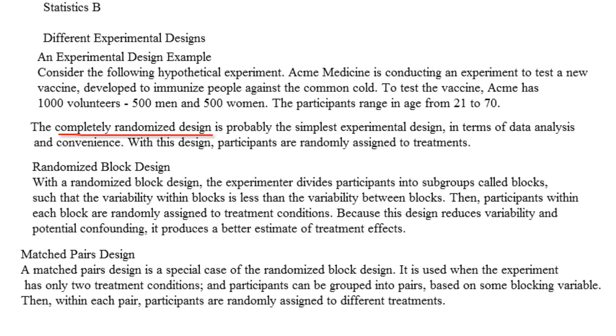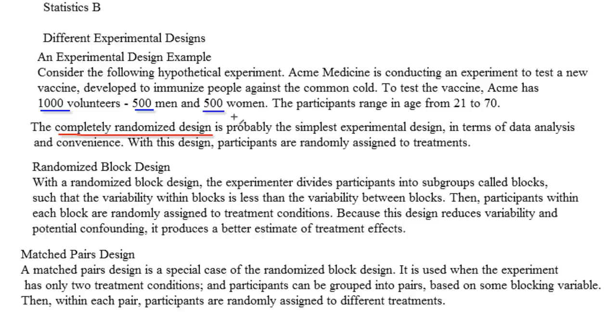So in other words, if I were to take those 1,000 people and break them up, out of the 500 men, 250 would get the placebo and 250 the actual treatment, and out of the 500 women, 250 would get the placebo and 250 the actual treatment. So it works that way.